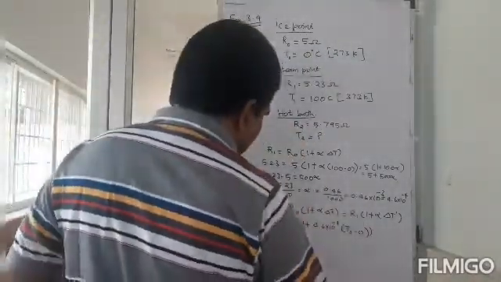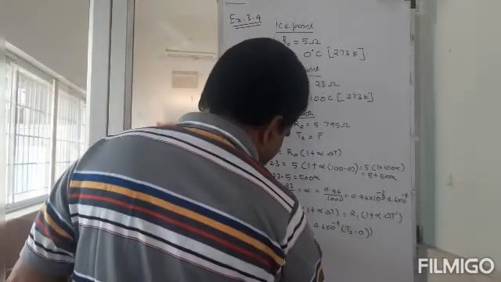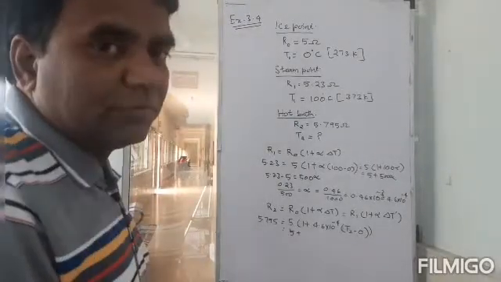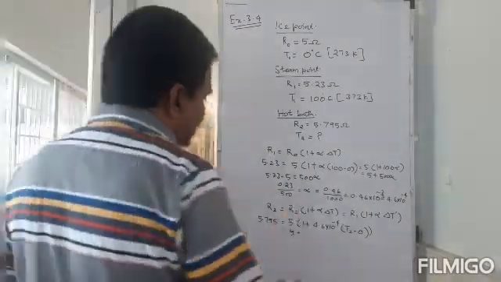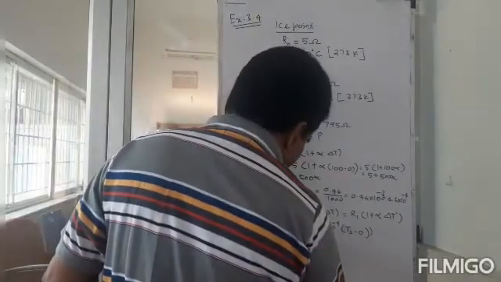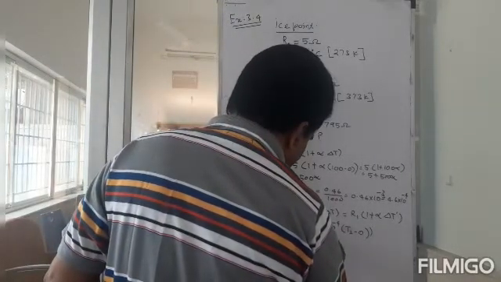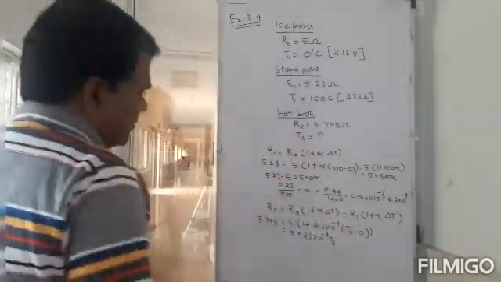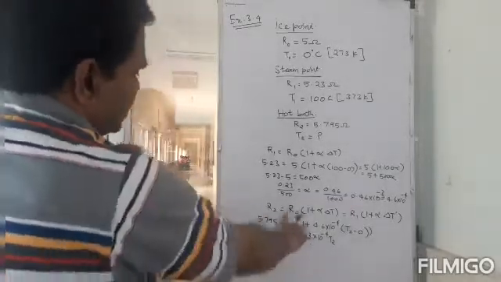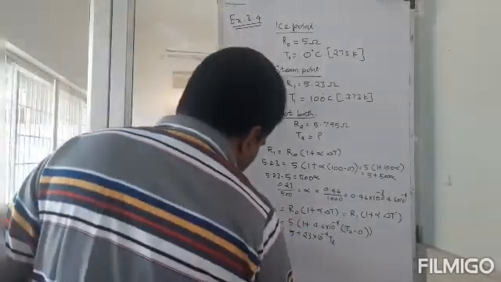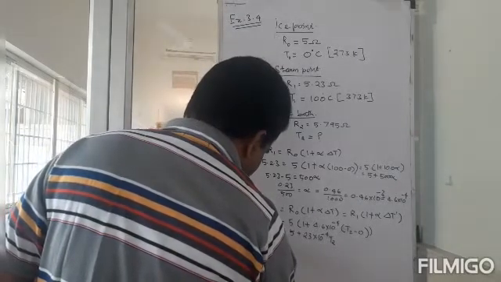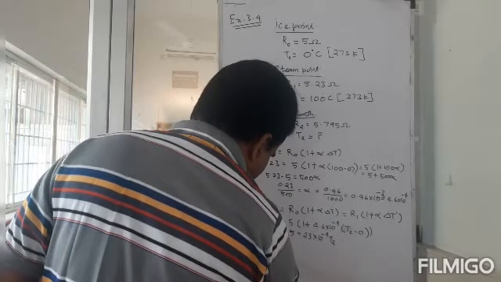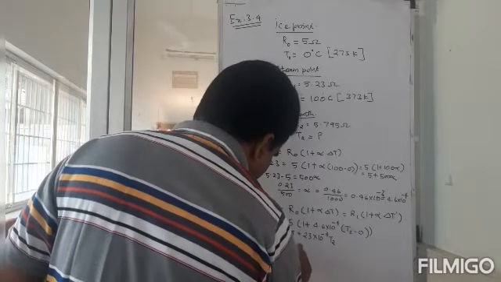So I take it in, then it will be 5 plus 23 into 10 power minus 4 T2. Okay, simply T2 minus 0 will become T2. So that's what I get. So if this comes this side, I'm going to get 0.795 divided by 23 into 10 power minus 4 into T2.